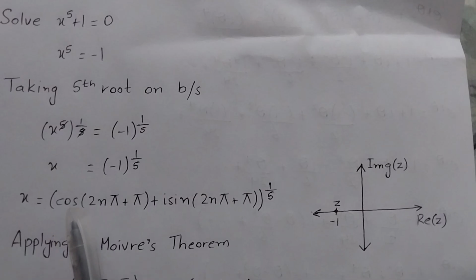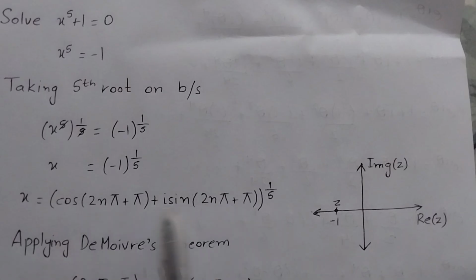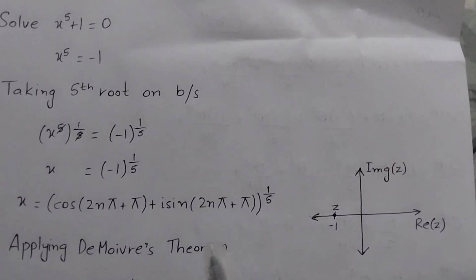So if you multiply it by cosine or sine, this thing will be unchanged. So the modulus doesn't play a part here, and we'll end up with this polar form.